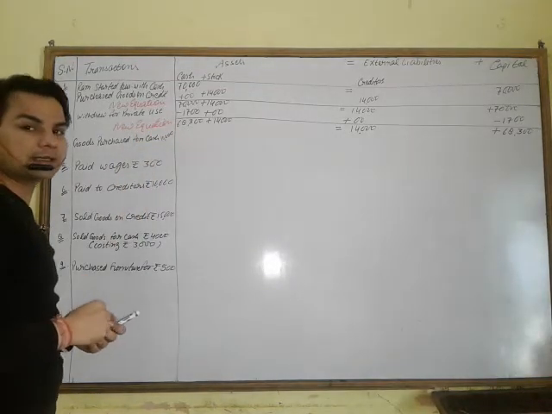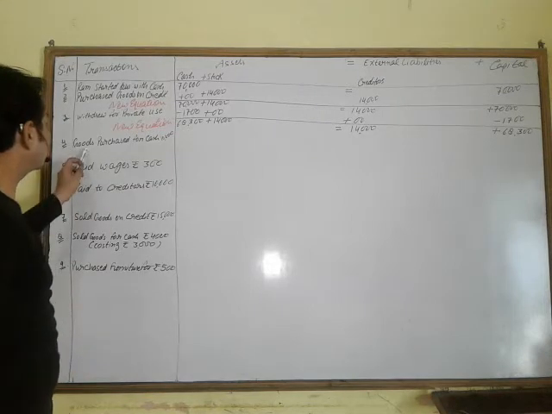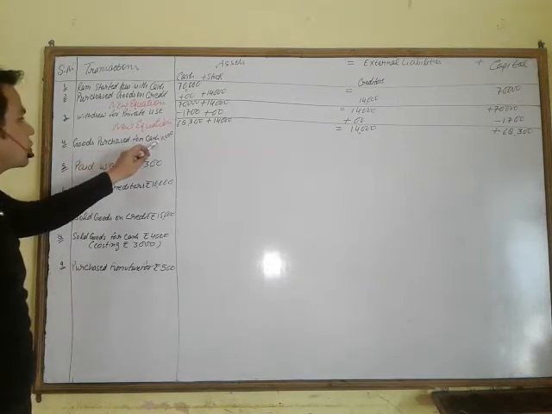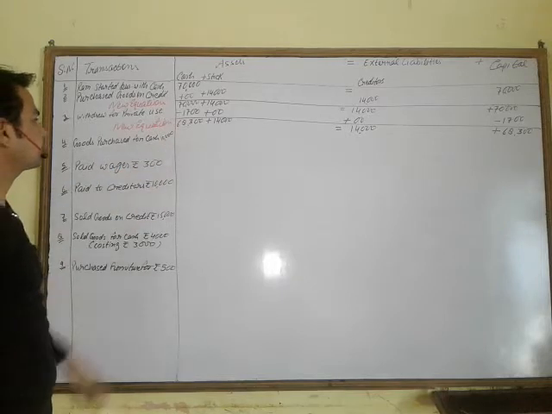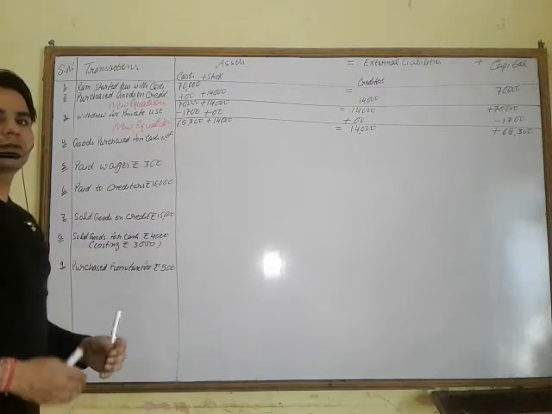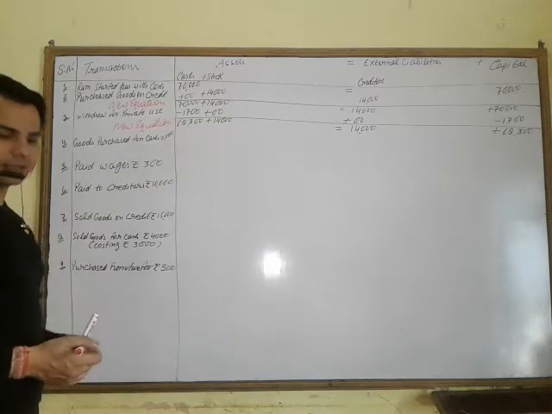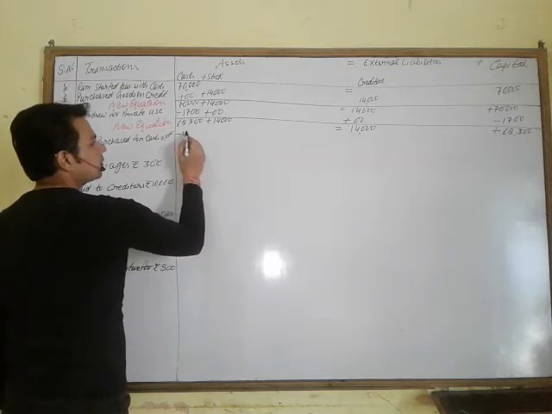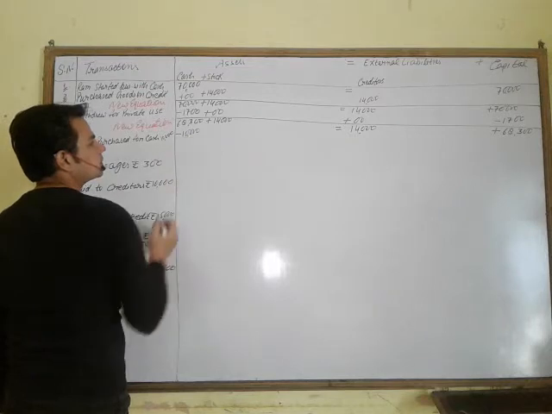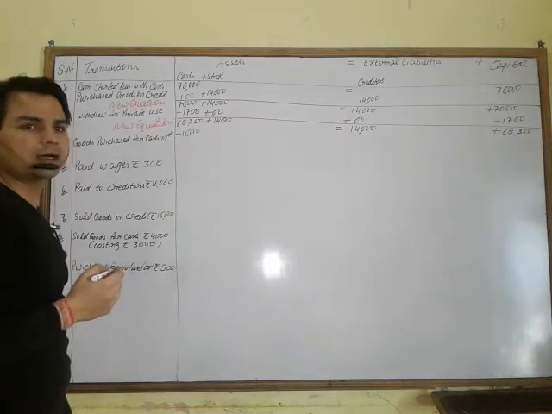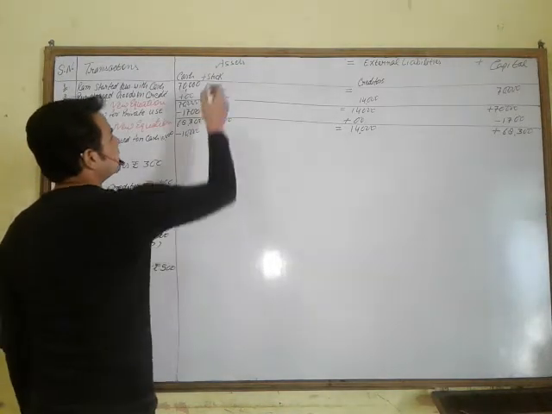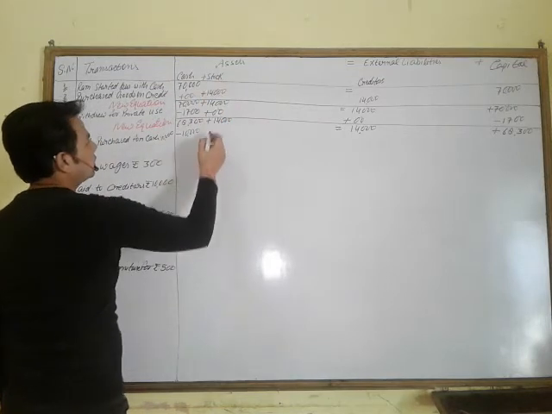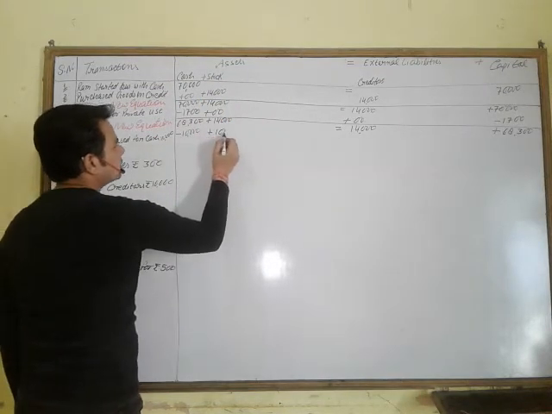Next adjustment, you can see the transaction: goods purchased for cash rupees 10,000. For cash, it means cash will reduce here, minus rupees 10,000 from cash, and it will increase the stock by rupees 10,000.